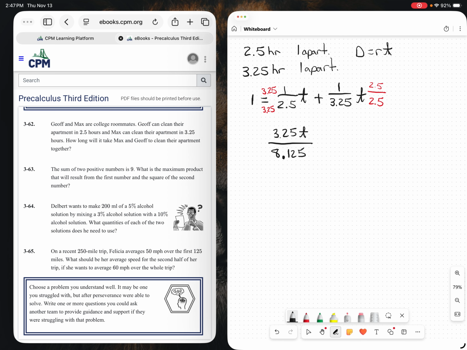And I get a common denominator of 8.125, okay? Plus, over here, again, common denominator 8.125, and on top I'm going to have 2.5 t, again cleaning one apartment. Okay, so I now can add since I have a common denominator. So when I add those together, I get 5.75 t over 8.125.